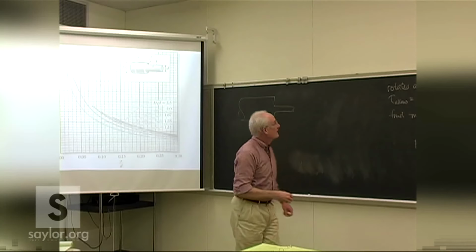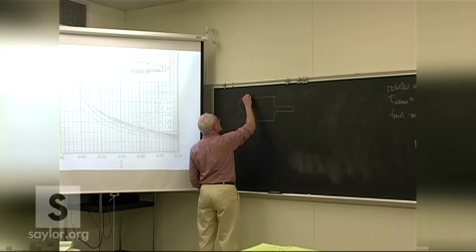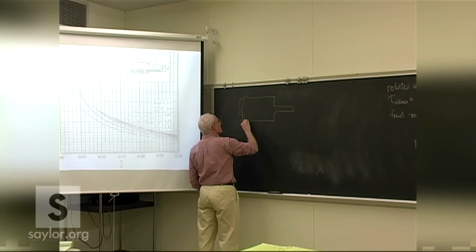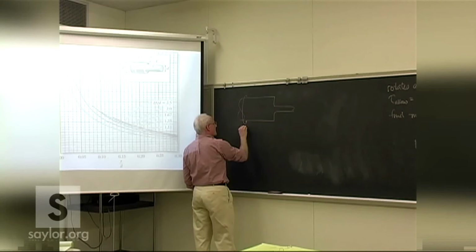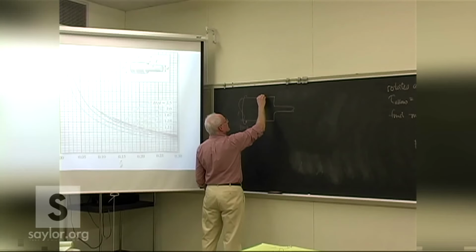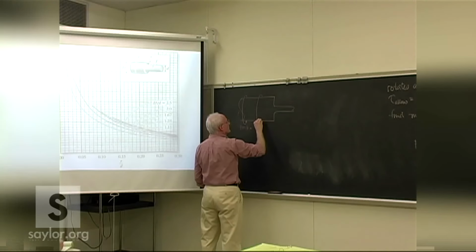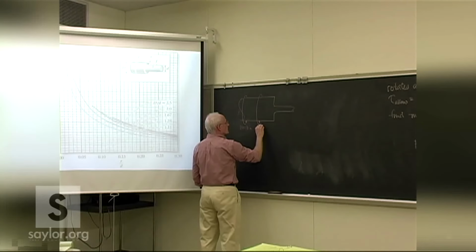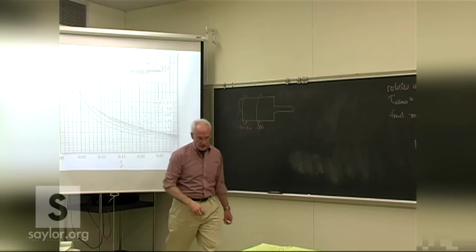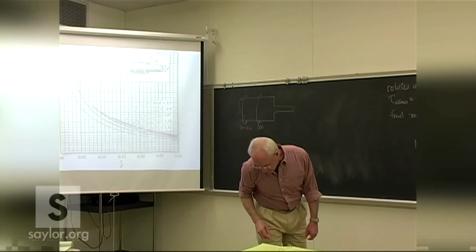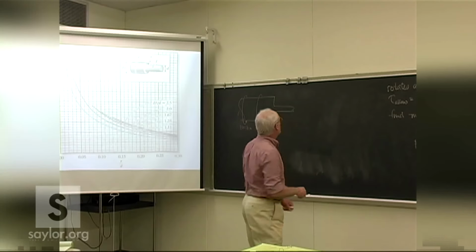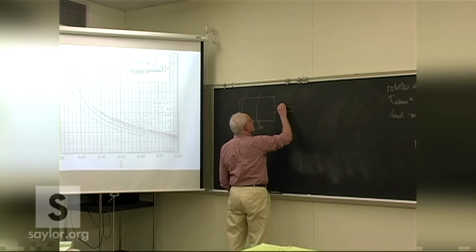So 700 pound-inches back here. 500 a little bit farther along. So all of these will be in pound-inches. 300 up here.